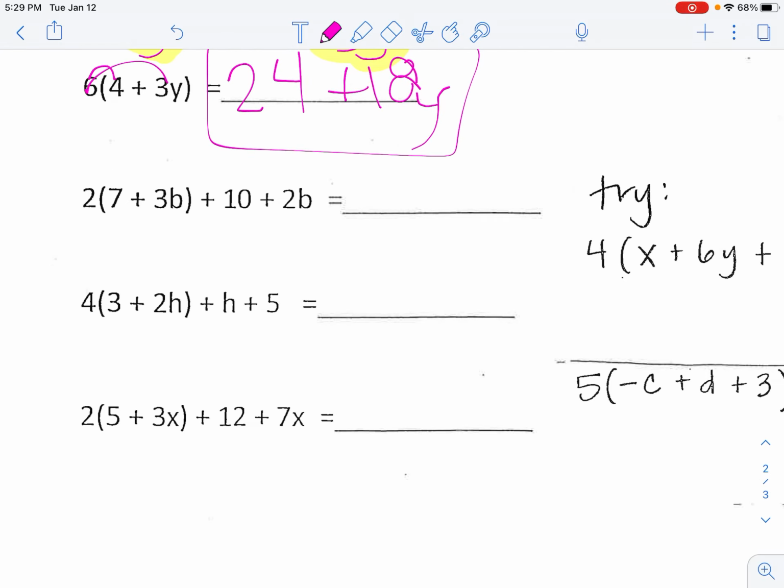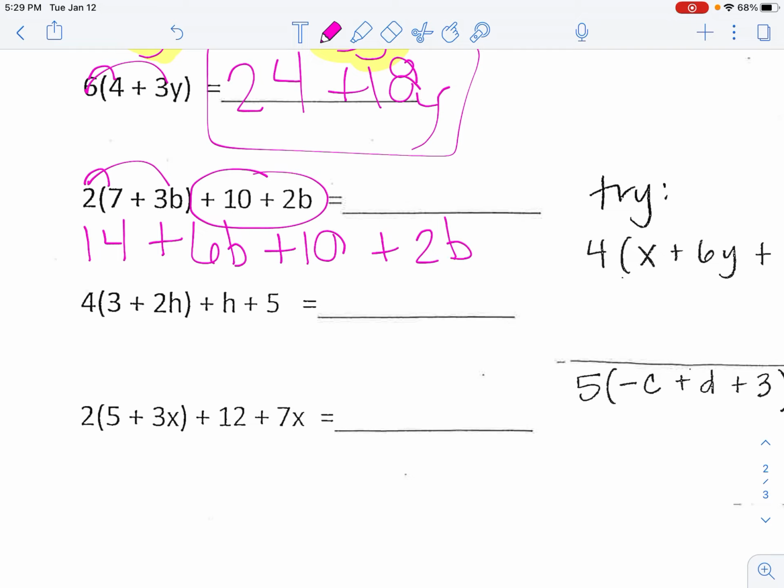2 times 7 plus 3b plus 10 plus 2b. First, we're going to multiply 2 times 7 and 2 times 3b. So 2 times 7 is 14. And 2 times 3b is 6b. And then I also have plus 10 plus 2b.